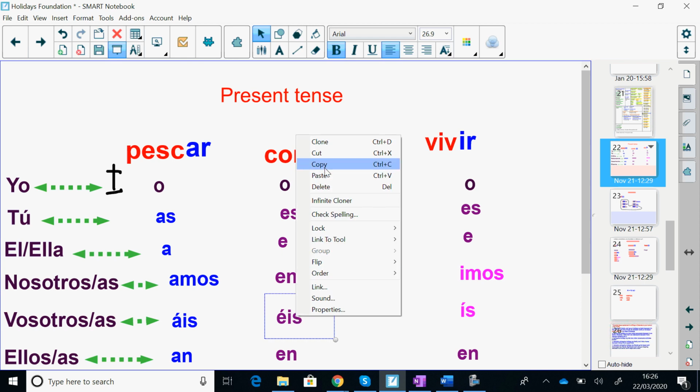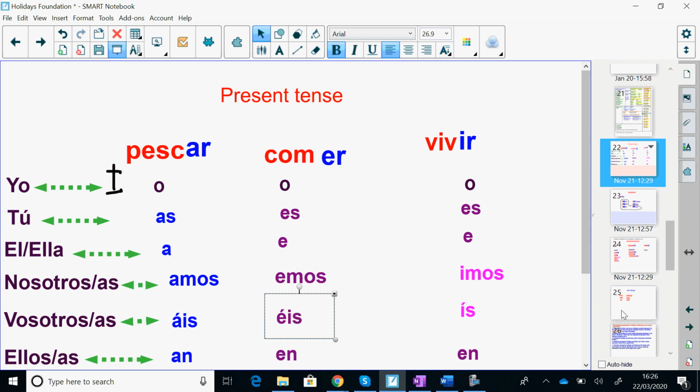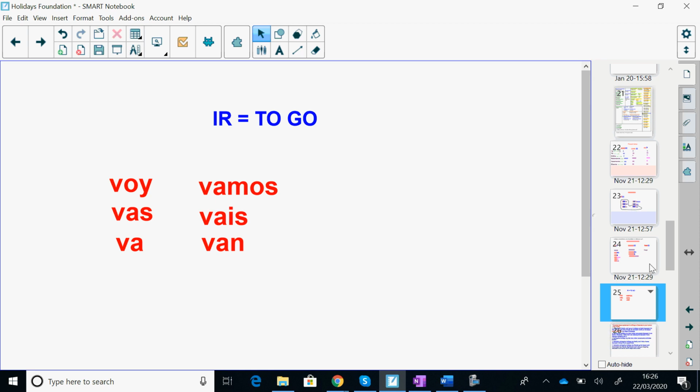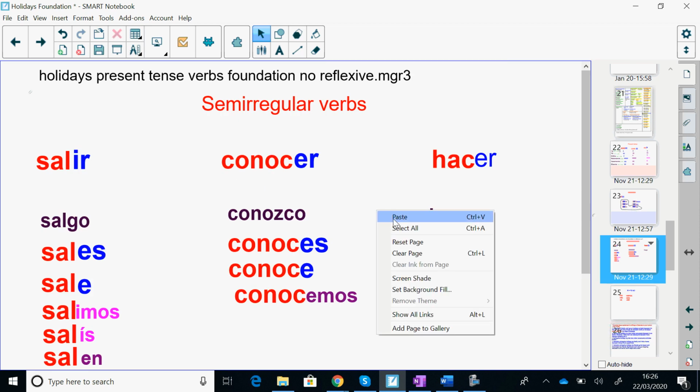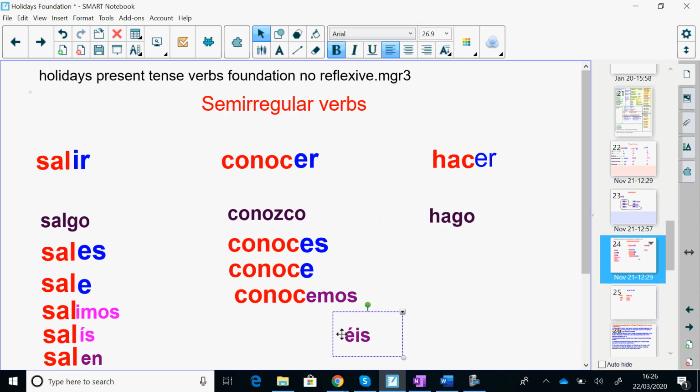You plural, vosotros, conocéis. Well done. Sorry, I'm in the wrong one. Clone, it will be conocéis. And then we have they know, they meet. Same thing.